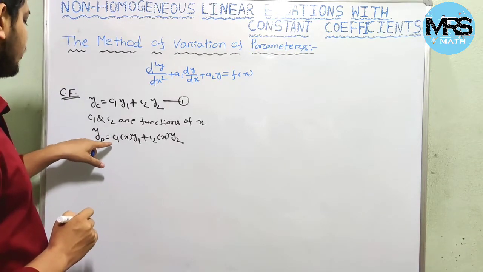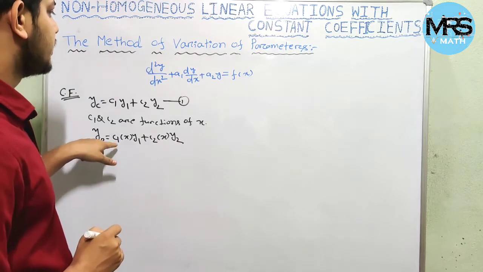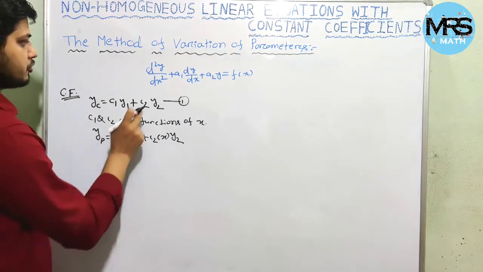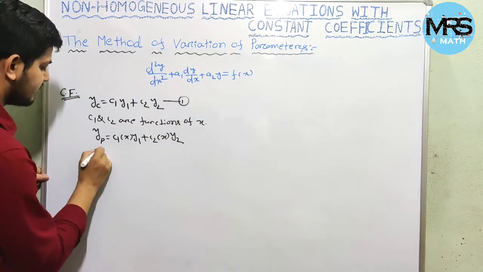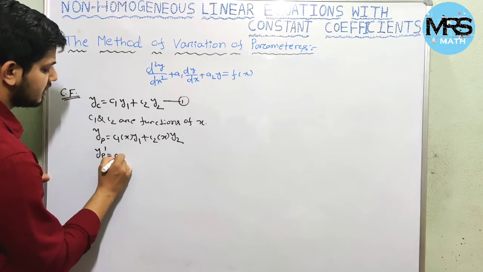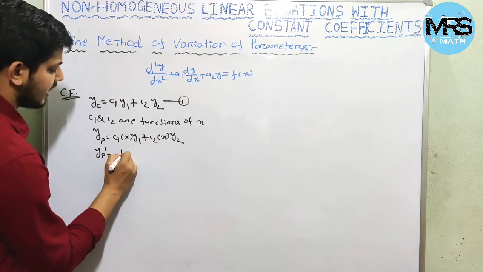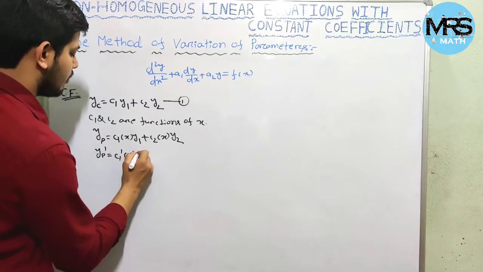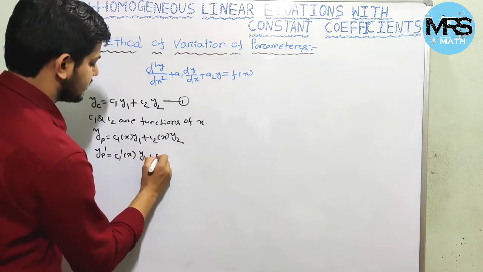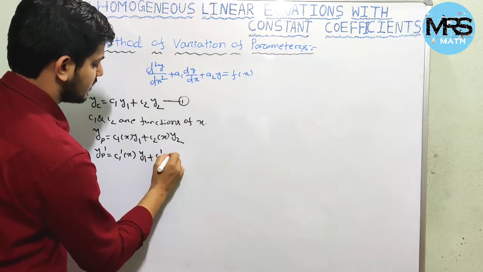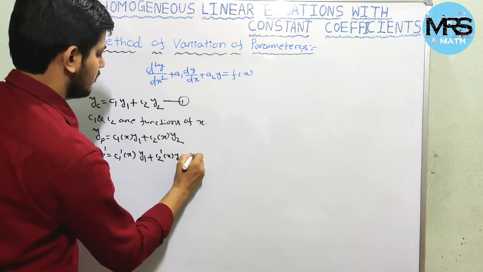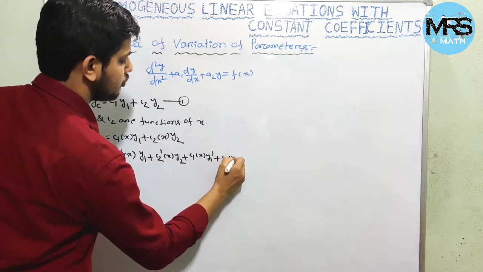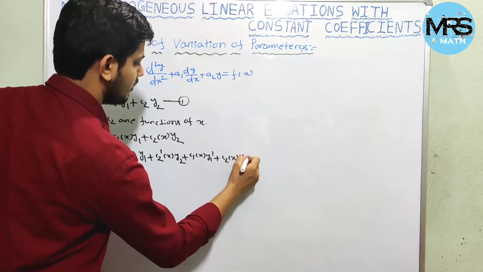If we assume this is the solution, then it should satisfy this equation. So we have to take the first derivative, that is yp dash, which will be c1 dash y1 plus c2 dash y2 plus c1 of x y1 dash plus c2 of x y2 dash.